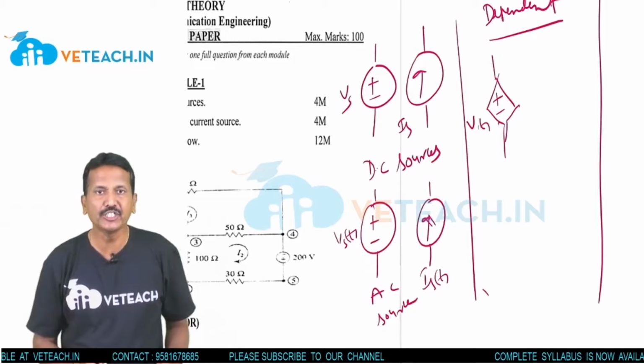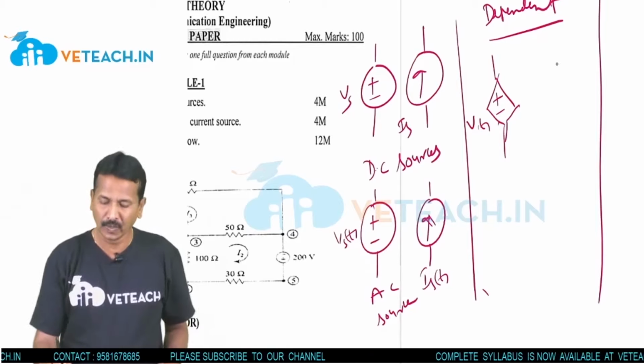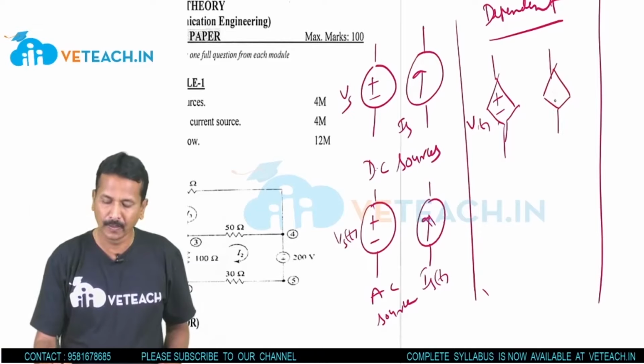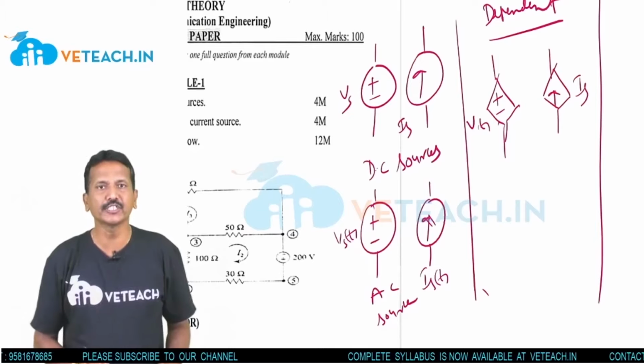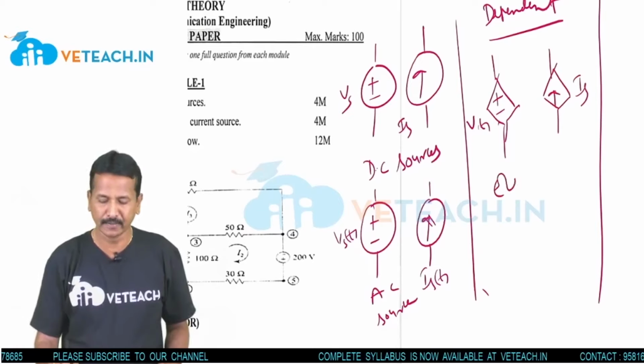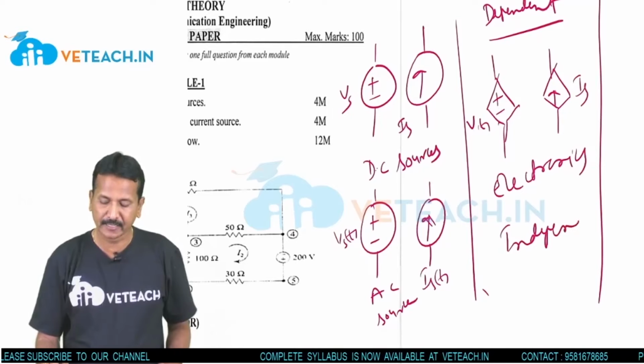A diamond shape source is nothing but a dependent source, like you. Similarly Is. These types of sources are used in electronics, whereas independent sources, like your parents, are drawn with circles.